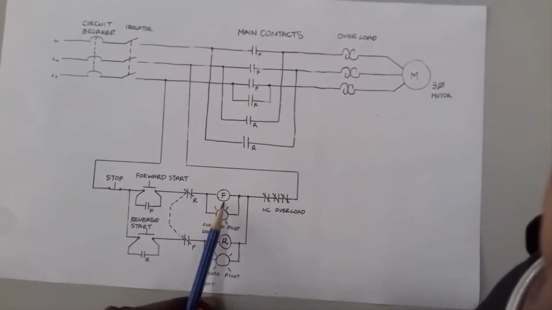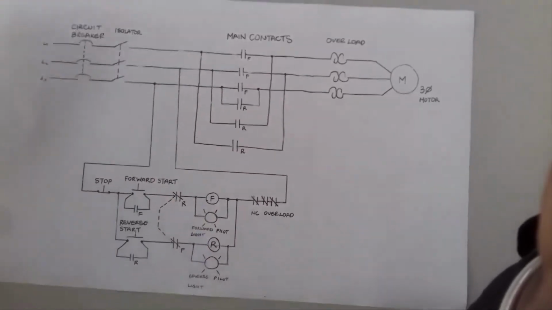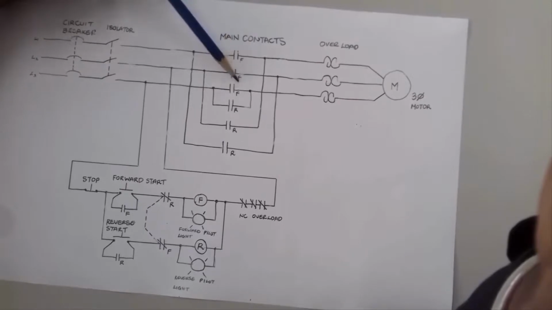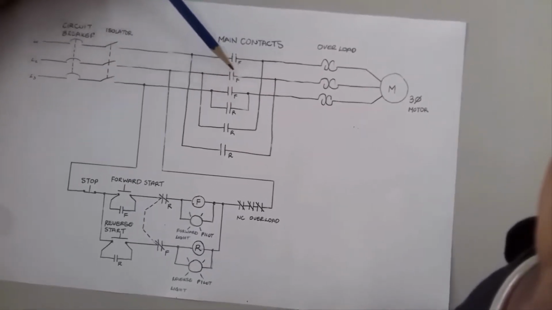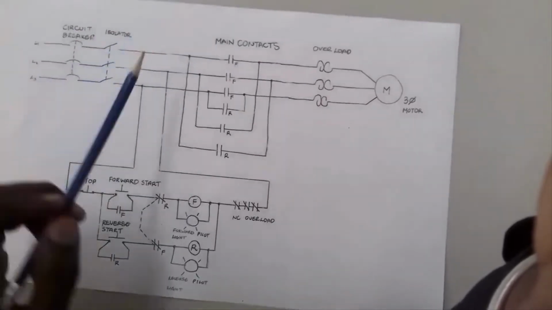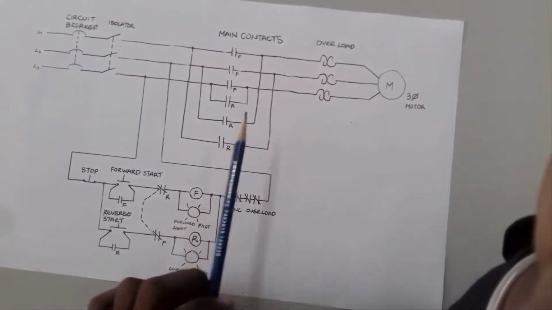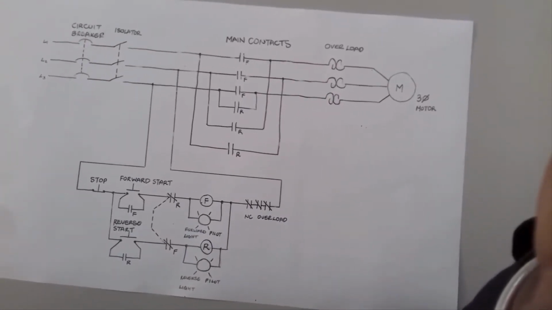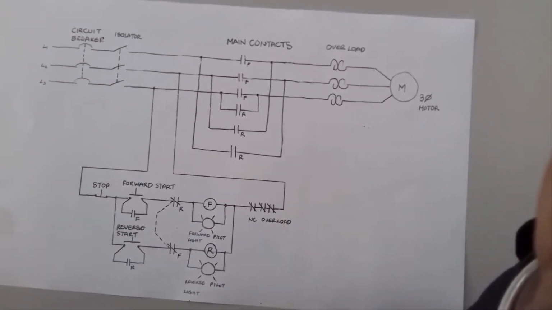The coil being energized will close the main contacts, 1, 2, 3 main contacts, and the F indicates that these are the forward main contacts, allowing current now to run through to the three-phase motor, and so the motor will start to spin in the forward direction.